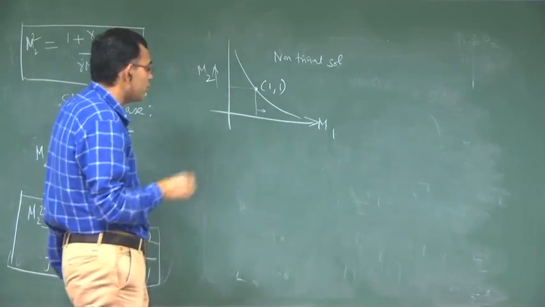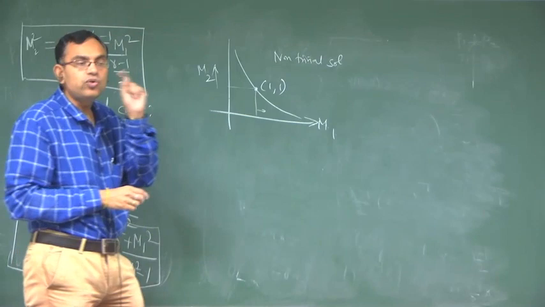So, our conclusion is that there are two possibilities around 1.